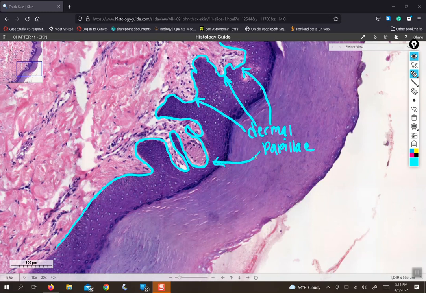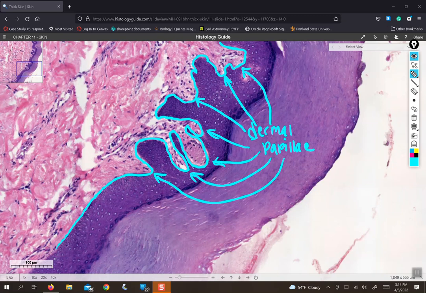And papilla is actually Latin for nipple. So dermal papilla means skin nipple. So anything that's nipply shaped is called the something something papilla. So because these papillae are made of dermis, then they're called dermal papillae. So this is just a name for the specific shape of these extensions of the dermis that poke up into the epidermis.